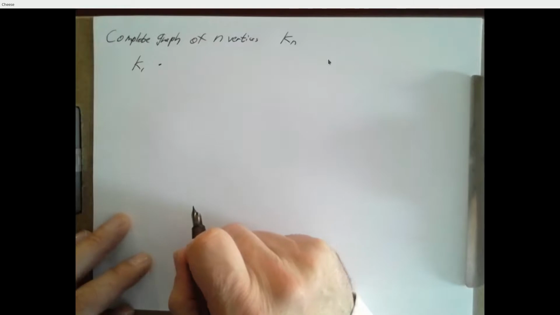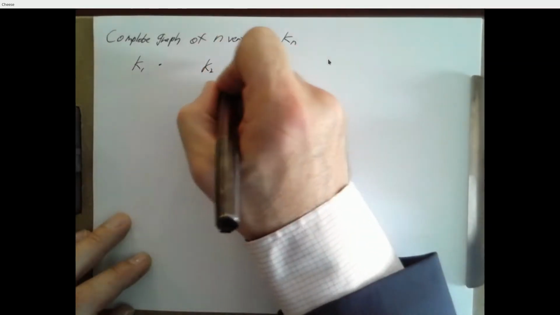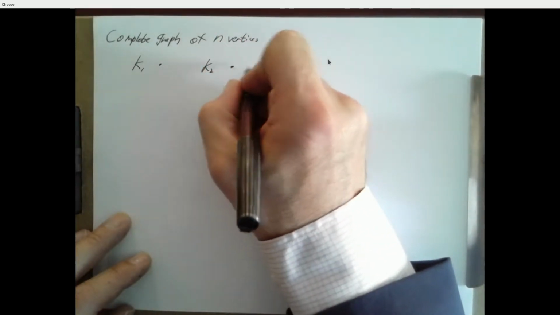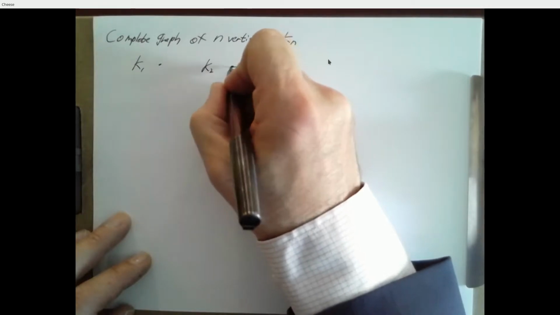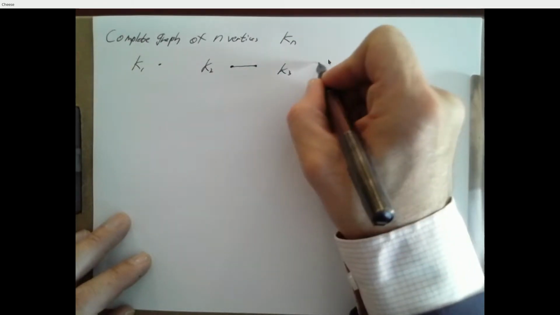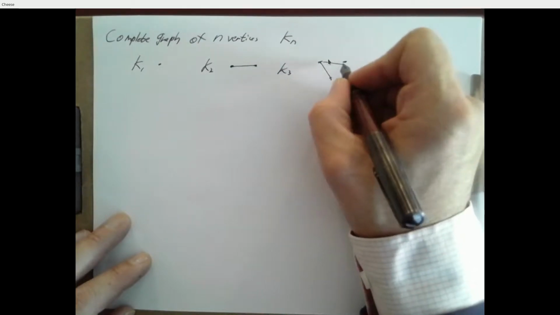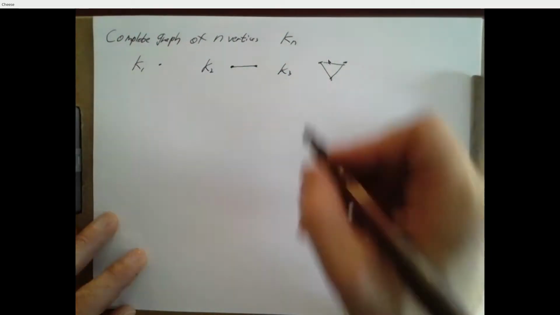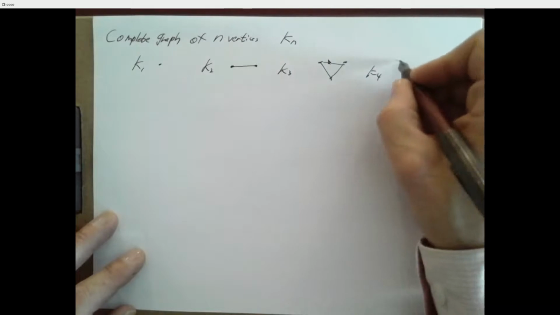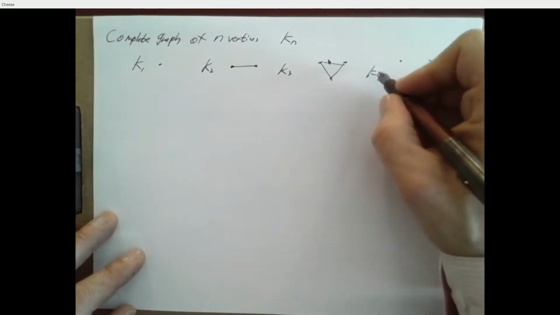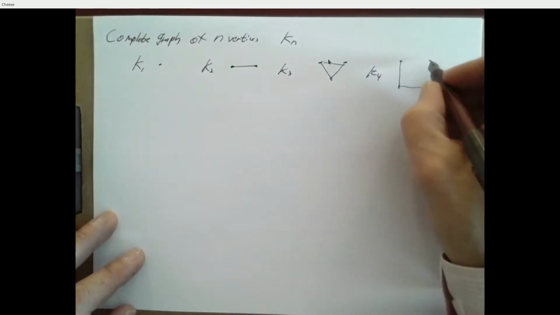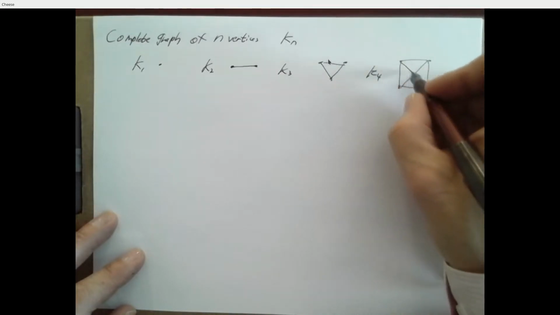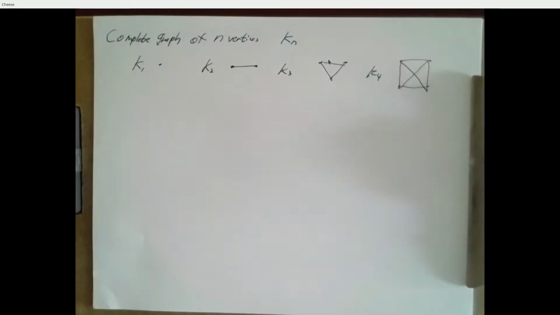So K1 is just a dot. K2 is a pair of vertices connected, so these are undirected. K3 is 3 vertices in a triangle. K4 is 4 vertices, like this. So a complete graph, we have an edge between every pair of vertices.